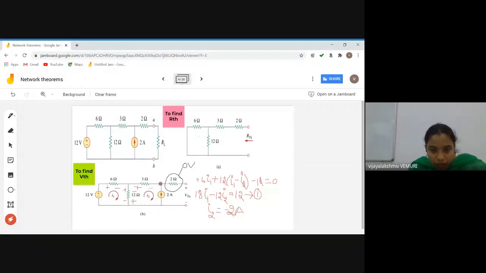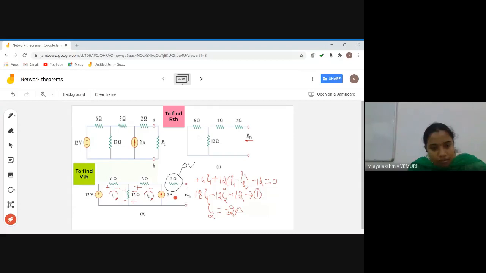If you just observe, this positive is connected to which resistor? This 3 ohms, this end, isn't it? Negative is connected to 12 ohms. So positive is connected to one end of 3 ohms, negative is connected to another end of 12 ohms.